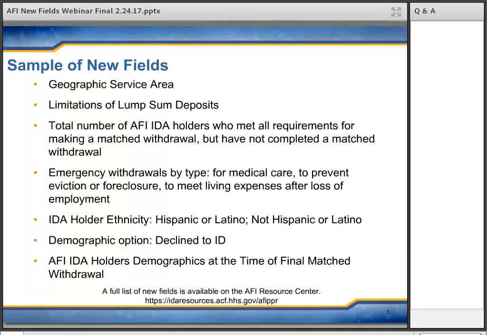It's not unknown in the sense of you don't know it, it's that they don't know it. You can question why they wouldn't know their own race or ethnicity, but that's up to your IDA holder to respond however they feel comfortable, which is totally okay.